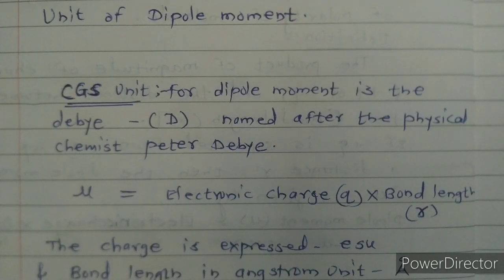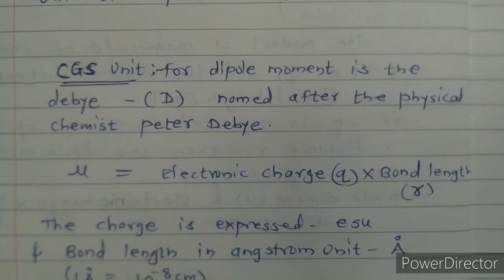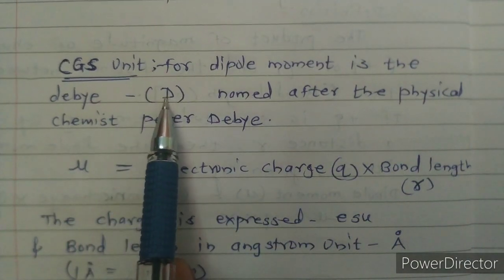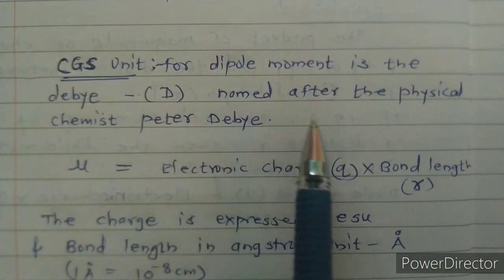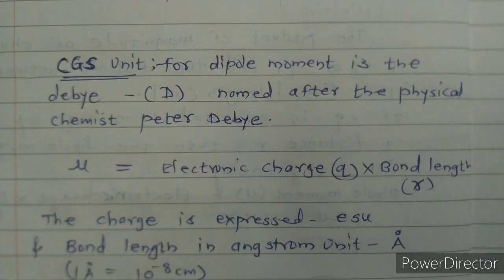The magnitude of dipole moment depends on the difference in electronegativities, that is, the greater the difference in electronegativities, the greater is the dipole moment. Now let us discuss the unit of dipole moment. The CGS unit for dipole moment is the debye. It is indicated by the capital letter D, named after the physical chemist Peter Debye.